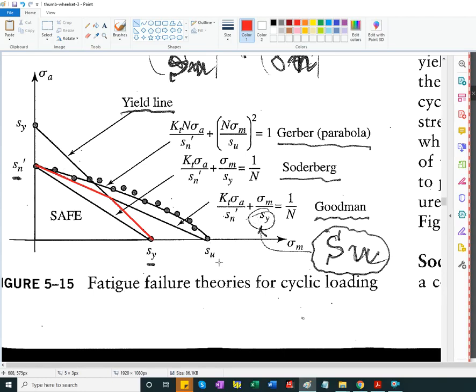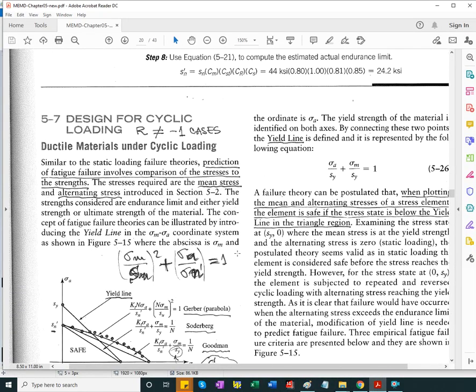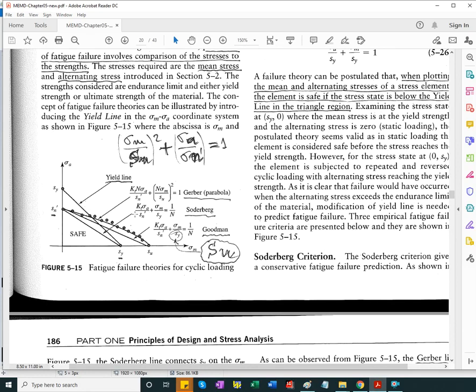And that makes sense because it passes through the SU and 0 point, not SY. Also notice the use of the safety factor with the alternating stress, but not the mean stress.